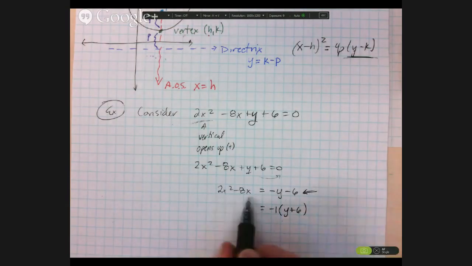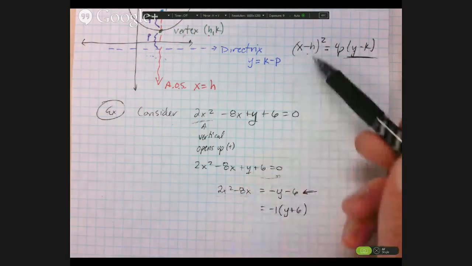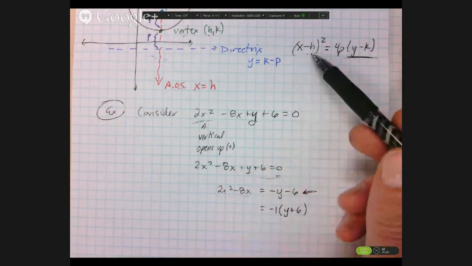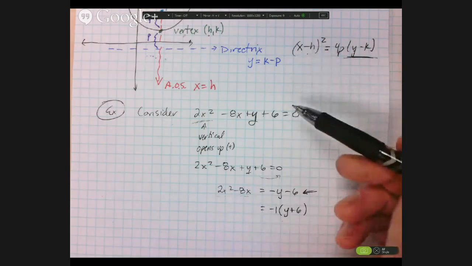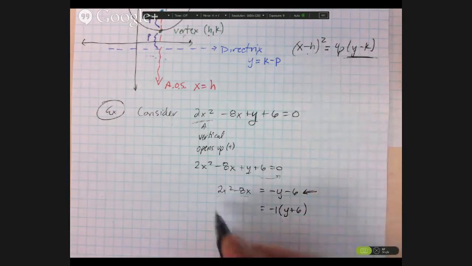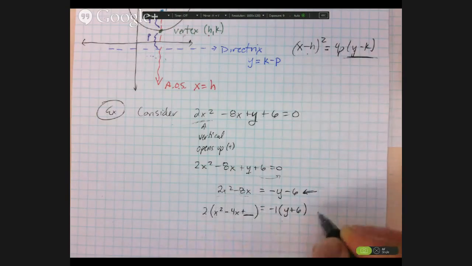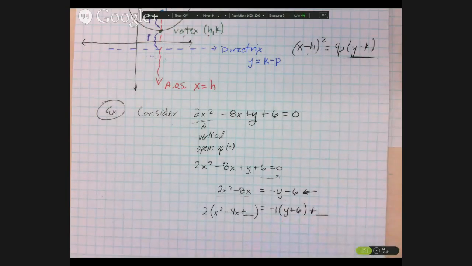Okay, for this side, is it anywhere close to that? Okay, so we have to factor that somehow, right? To do that, we're going to have to complete the square. Right, so I'm going to get x by itself. And remember to leave the blank spots for completing the square.